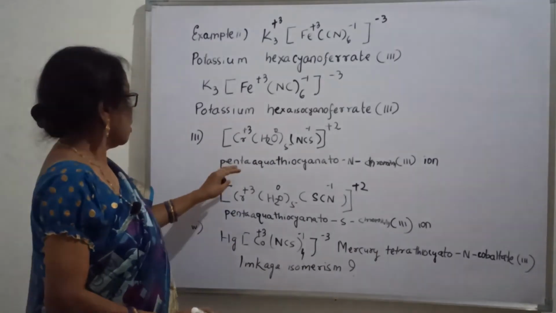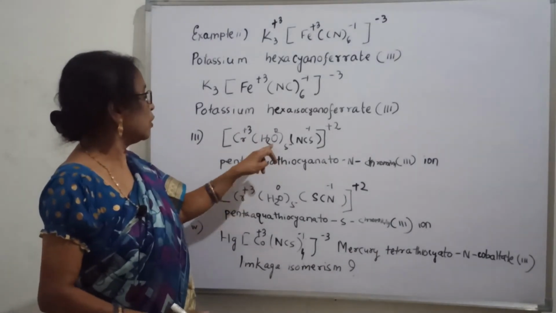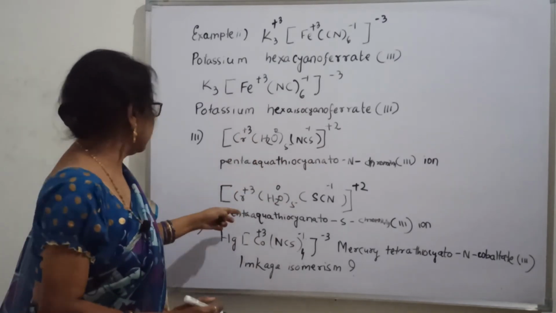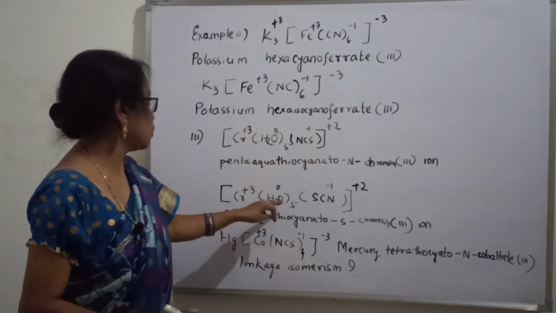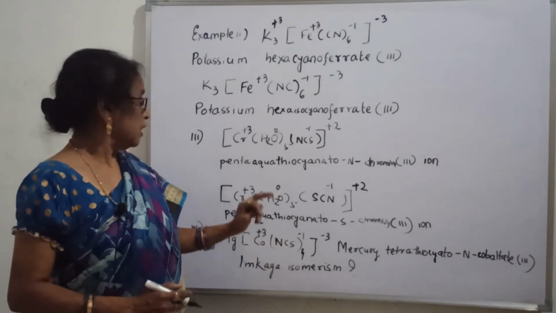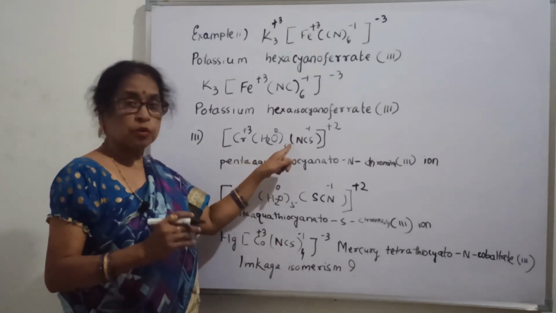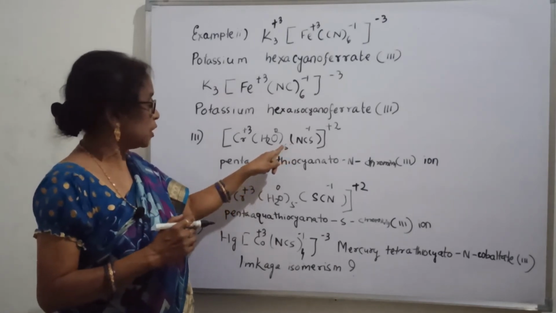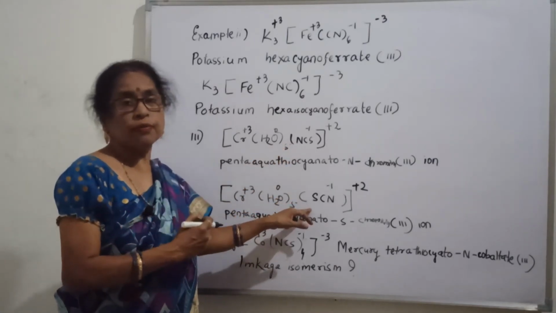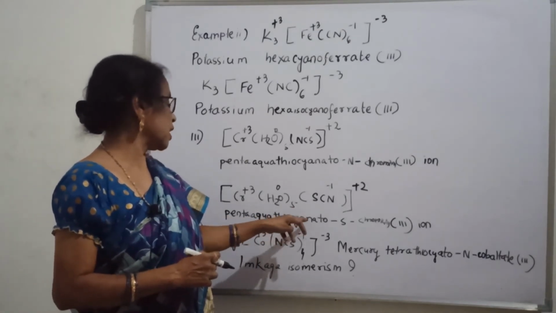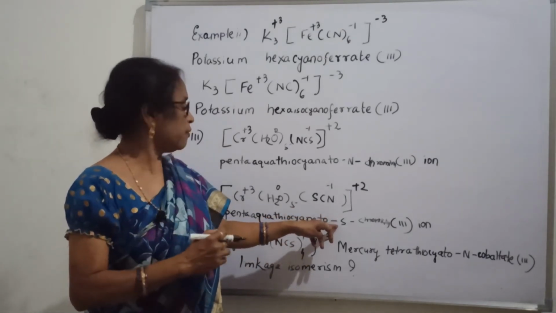That means here pentaaqua thiocyanato and chromium(III) ion. Similarly Cr plus 3, H2O 5, SCN -1. That means it is also a cationic complex, whereas the attachment through nitrogen for thiocyanato, here through sulfur for thiocyanato. So it is thiocyanato-S, S means sulfur.